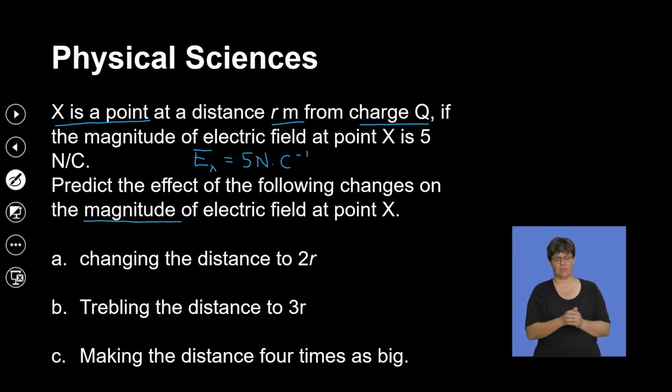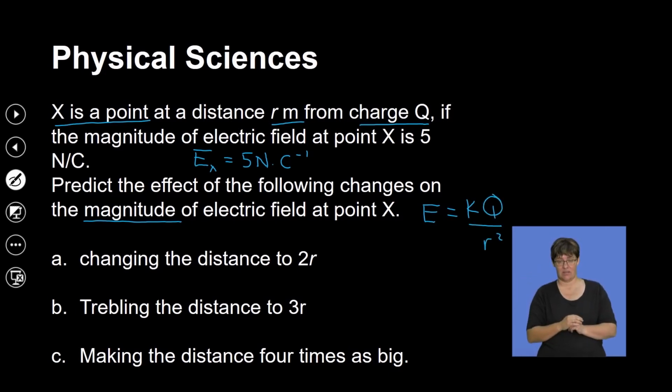Going back to our question, now we have doubled the distance. What do we know? We know that E is equal to kQ over r squared. So if the charge is Q and the distance is r, what have we done now? We have doubled the distance. We are told that this is 5 newtons per coulomb.